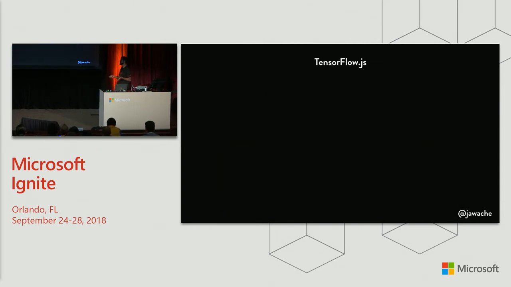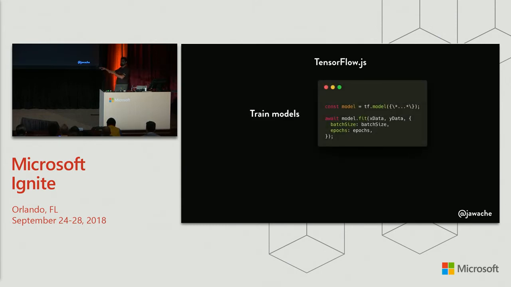There's quite a few different things you can do with it. You can train models. So everything I showed you before about that neural network, about creating different nodes, about creating weights, and about backpropagation, all those training mechanisms are available to you in TensorFlow JS in the browser.